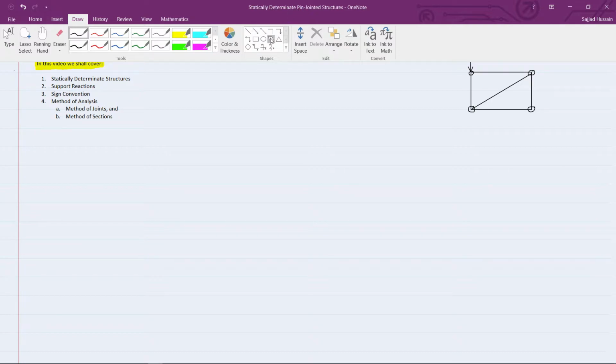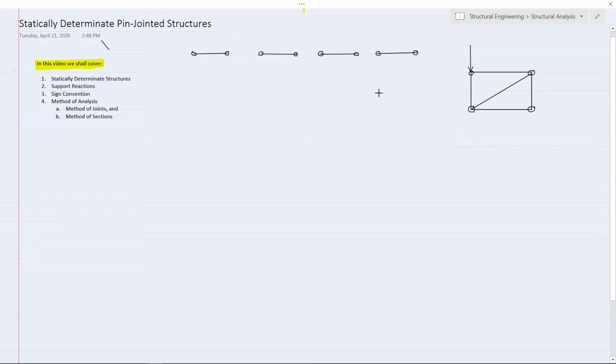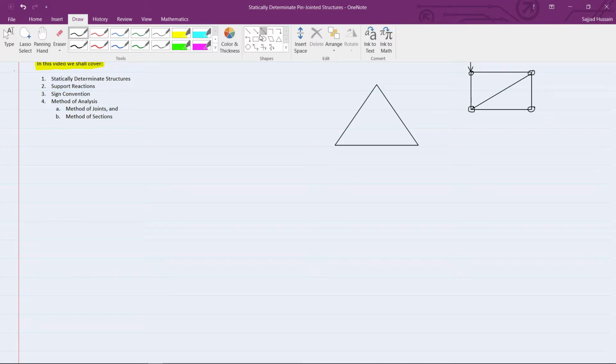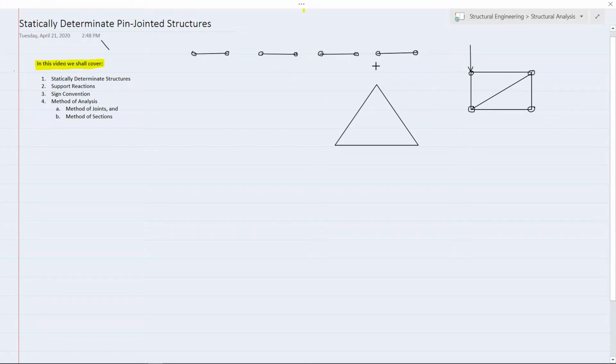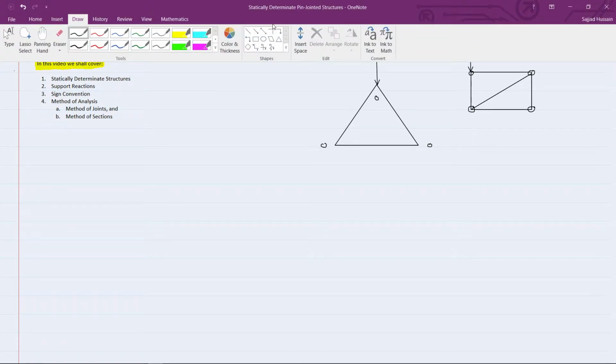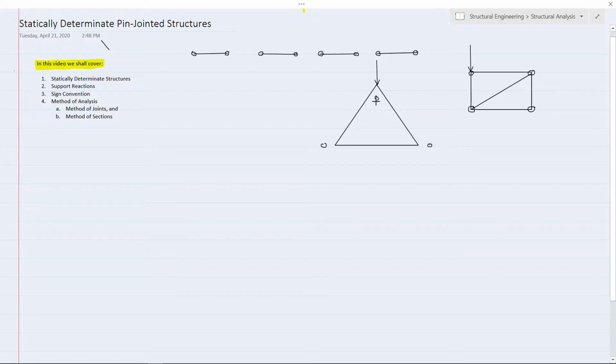Like, for example, if I take this example, here is a triangle. If I apply some load on its apex, what will happen? The result will be that this node will go down, and these nodes will elongate to these points, and the deformed shape will be something like this.